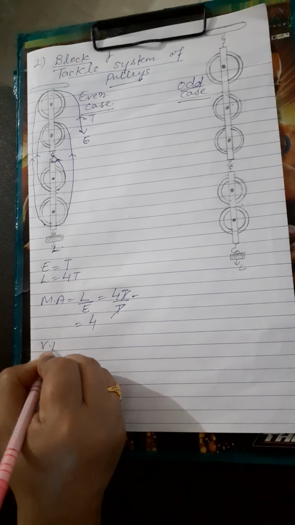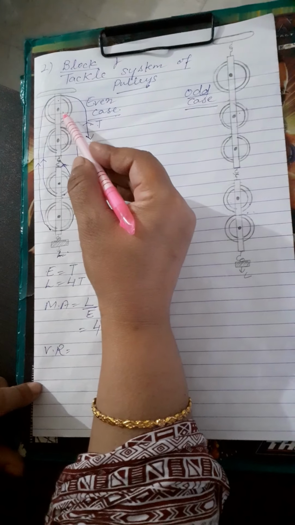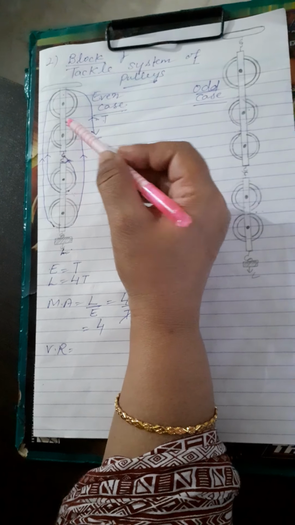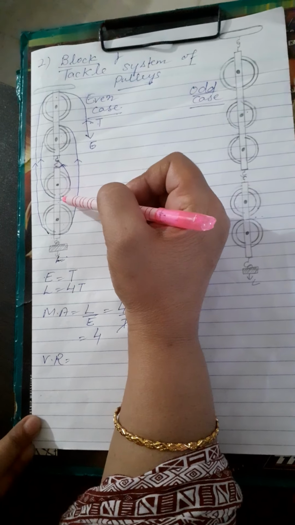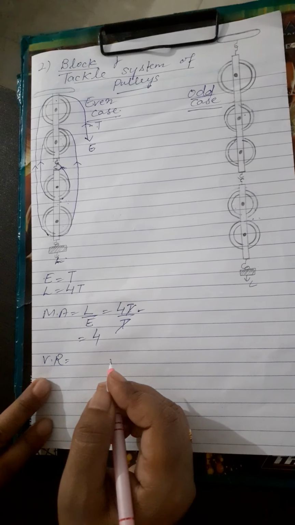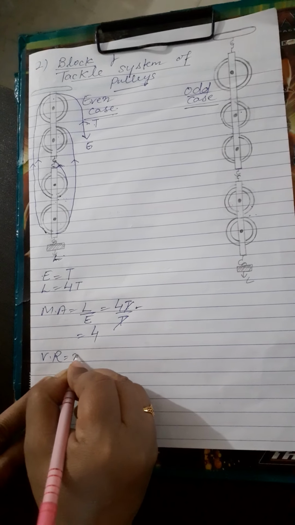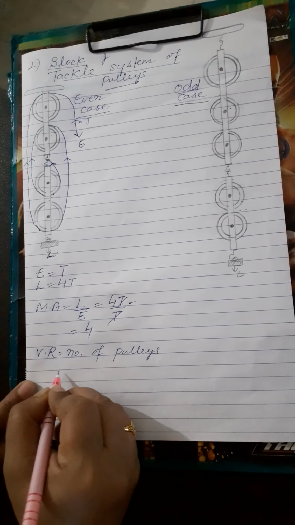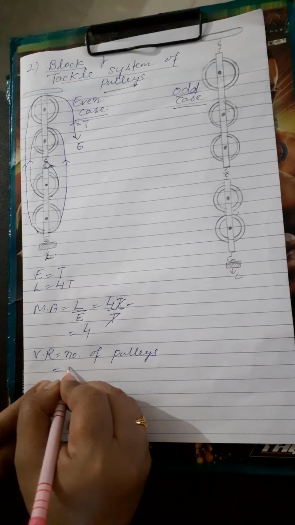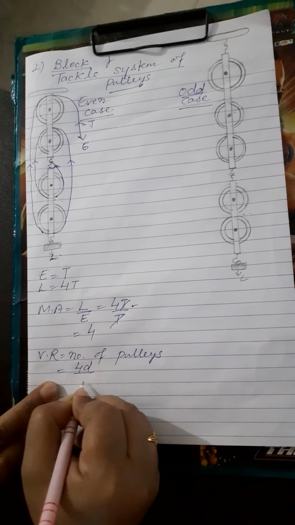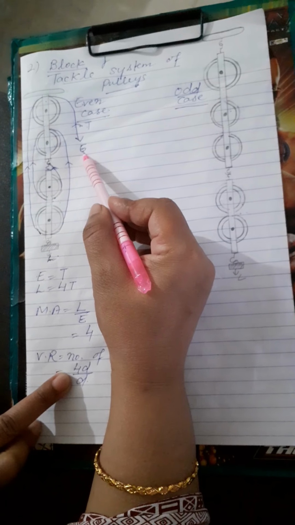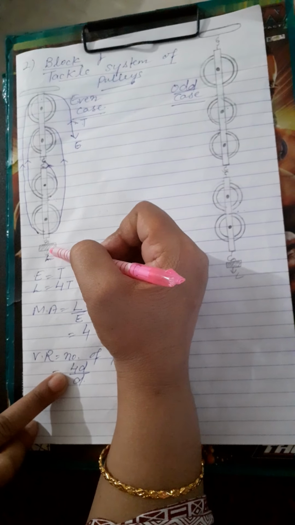Then velocity ratio, always remember it will be equal to the number of pulleys. In the block and tackle system, how many pulleys are there? Velocity ratio will be equal to the number of pulleys, or you can simply write, if they are asking to solve, 4D divided by D, means effort will cover 4 times the distance as compared to the load.